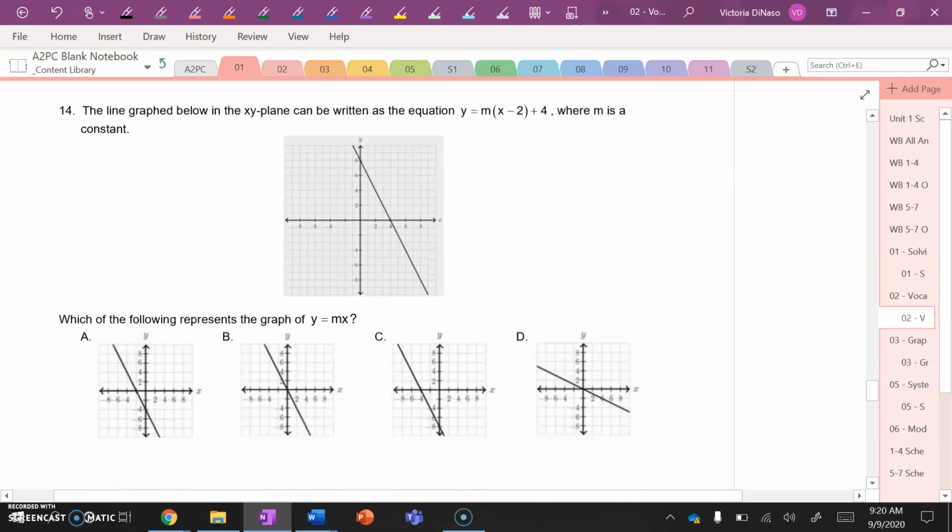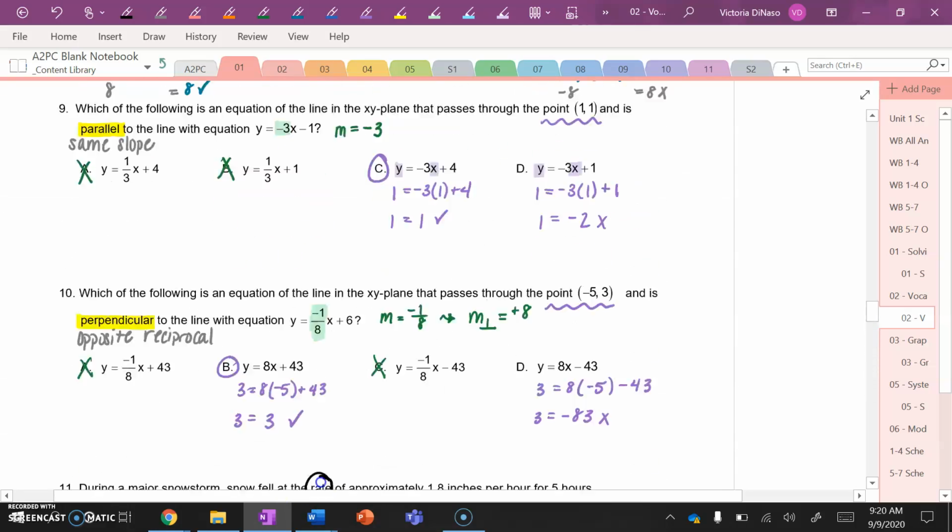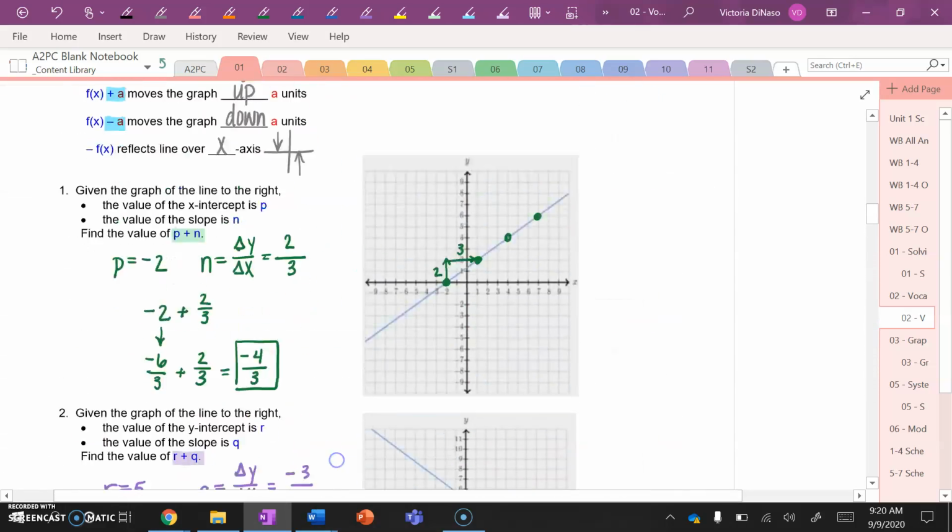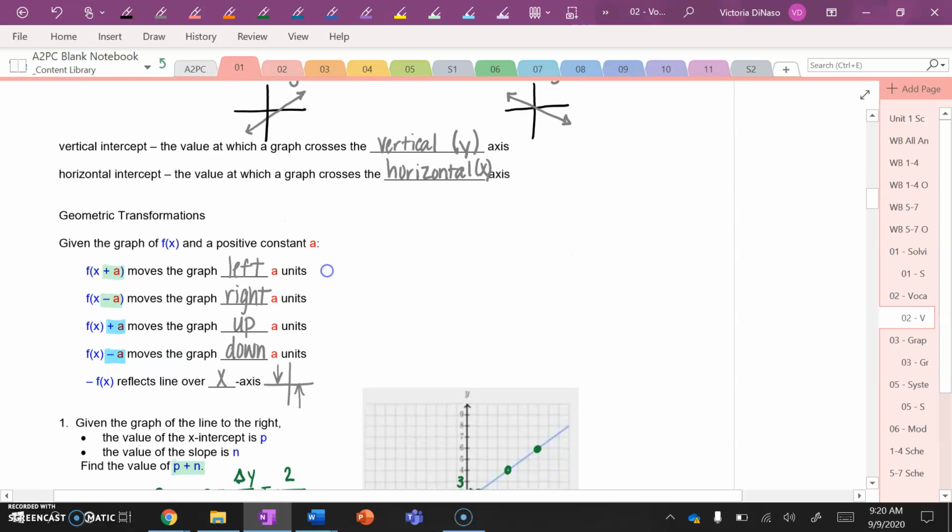And then finally, in number 14, it says that the graph below in the xy plane can be written in the equation y equals m parentheses x minus 2 plus 4. So back at the beginning of our notes from day 1, we wrote down these transformations.